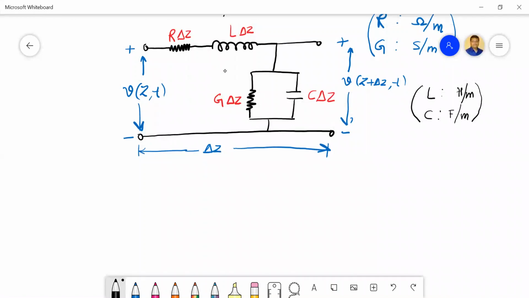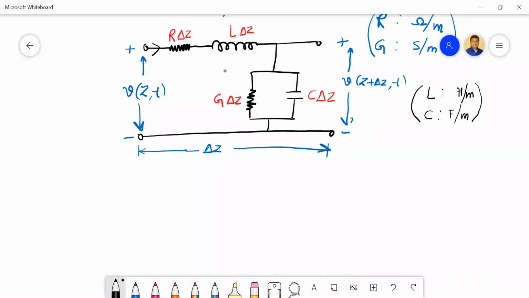Now after having the circuit and the voltage and current elements, it is quite easy for us that we can apply the simple rules we learn in network theory. Fine.